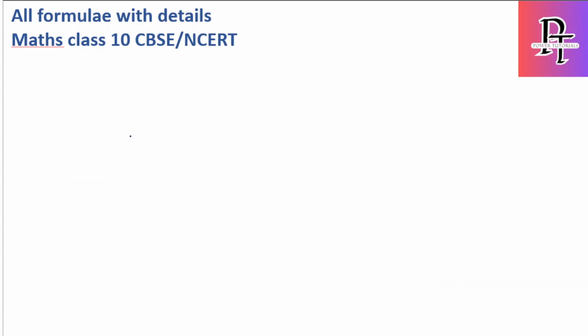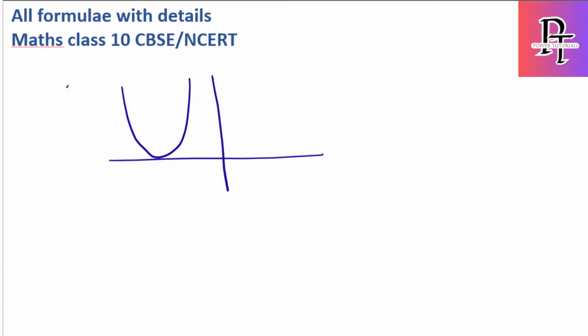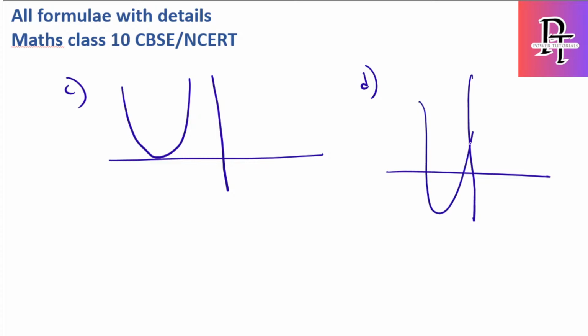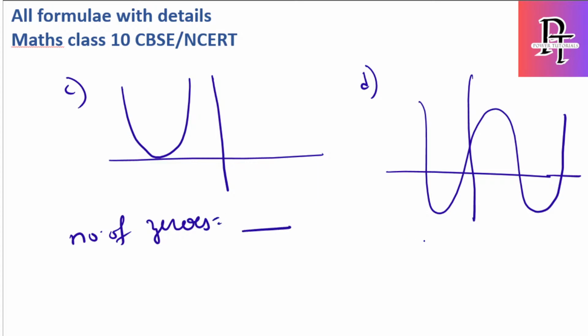Similarly, let's give one more. Suppose I have a graph like this. I want the students watching the video to answer this question: for C and D, how many zeros are present? You can answer it later when you are watching this video. Okay, so zeros are done.